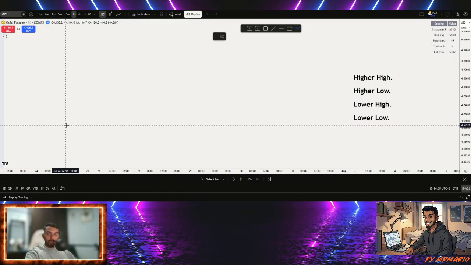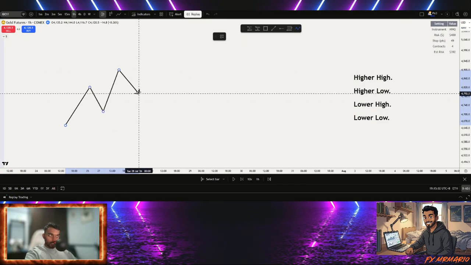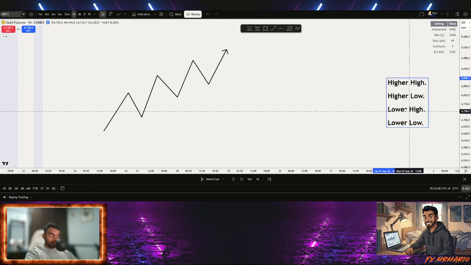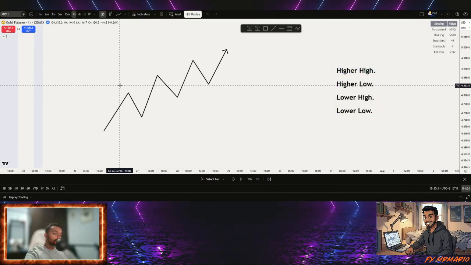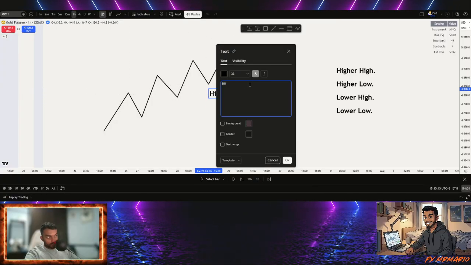An uptrend is basically making higher highs and higher lows, right? So in this example, what would you call this? I'm just going to put it as HH for higher highs.